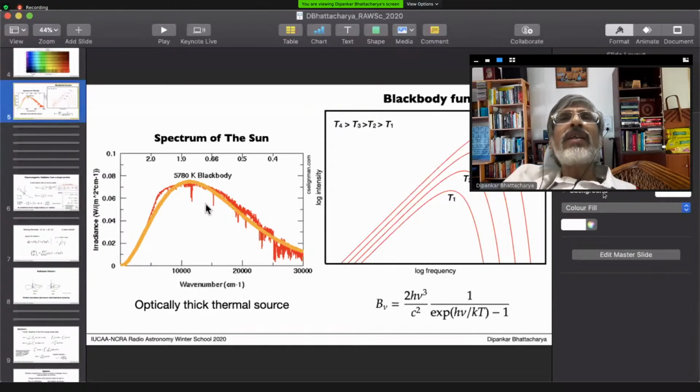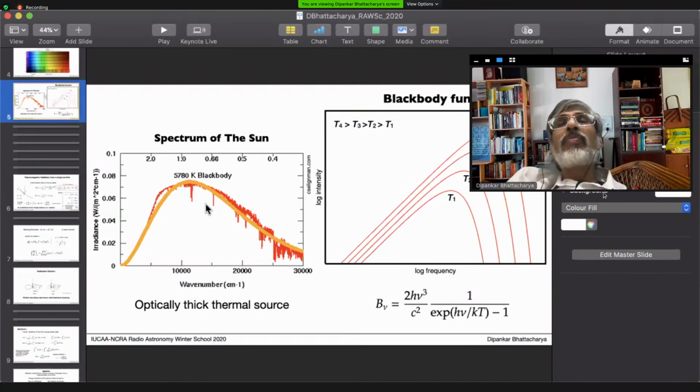Now consider a line of sight which is grazing the sun at the edge. Because you are looking at it edge on, for any small distance you go through, the actual amount of material that you pick up is larger than if you are going radially straight through to the center. So the optical depth for a given set of radial layers, if you look at it edgewise, is going to be larger because you have gone to larger distances and picked up more material.